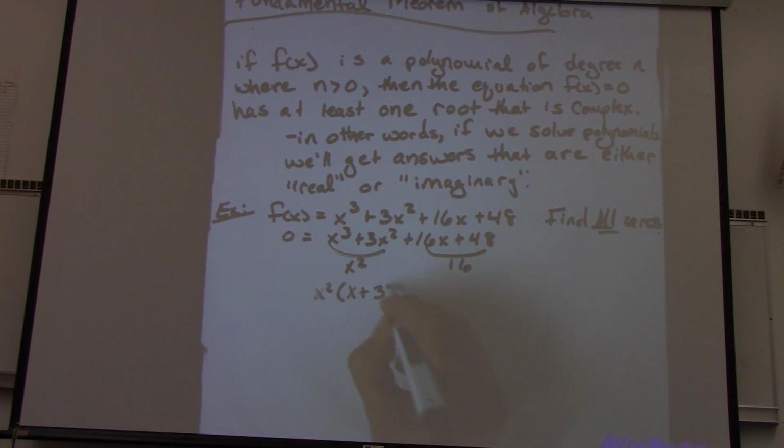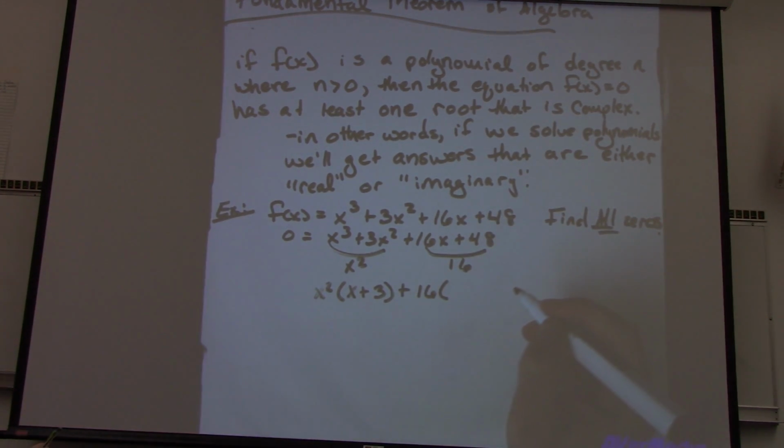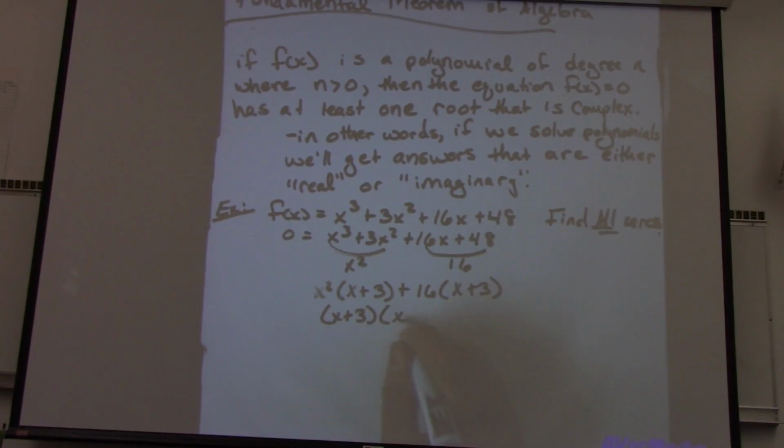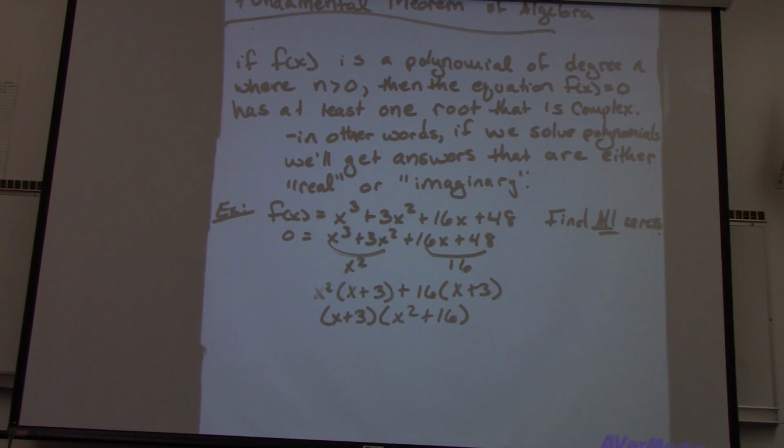X plus 3, good. Pull out the positive 16, and what do I get? X plus 3. Do they match? Yes, they do. Which means I get to write it in the front, and then what goes behind that? X squared plus 16. As far as the factoring is concerned, am I done factoring?